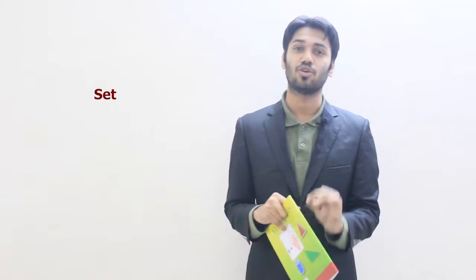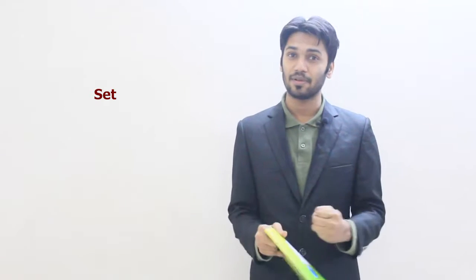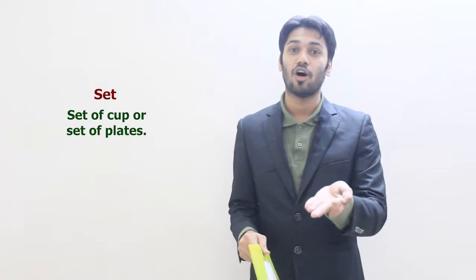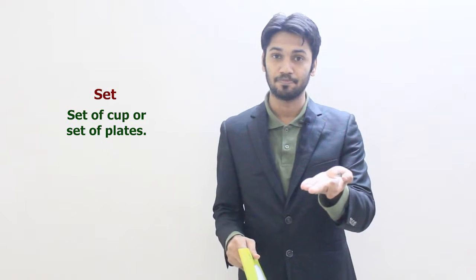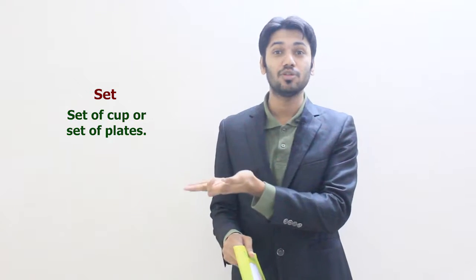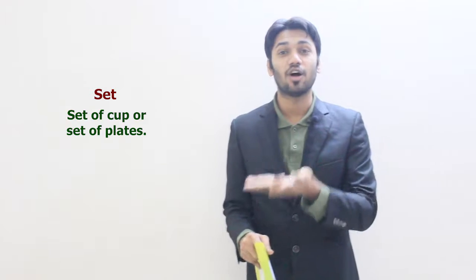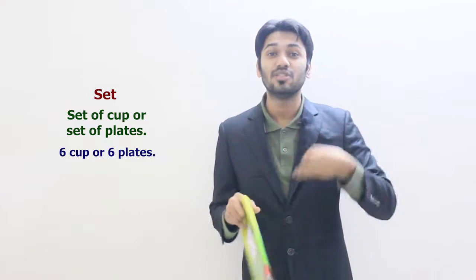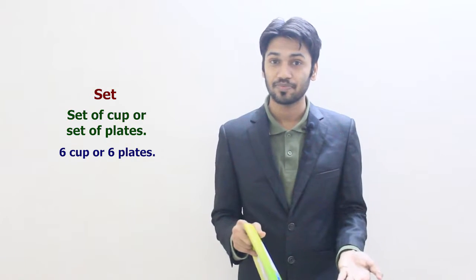Well, in other words, in our real life, we might have seen some sets, or we might use the word set in many instances. For example, if you are buying a set of cups or a set of plates, they would give you 6 plates, right?